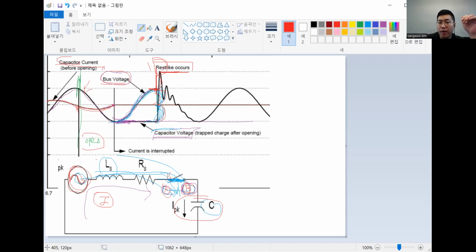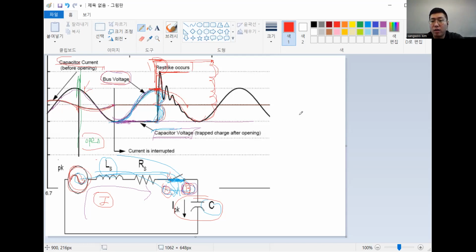Then the energy is also stored here, at the A point, and the voltage also flows like this. One part is stored here, and one part is here, as you can see. So we have to consider this and be careful when opening the capacitor bank.